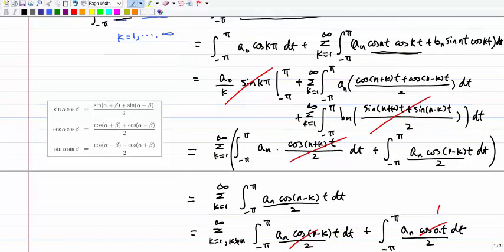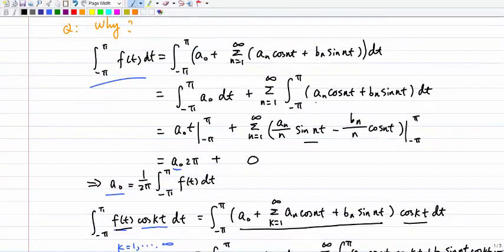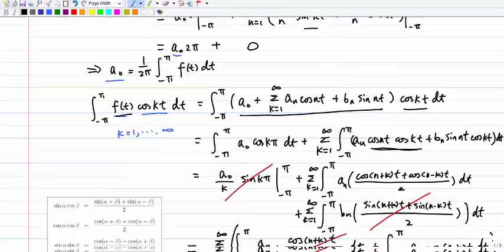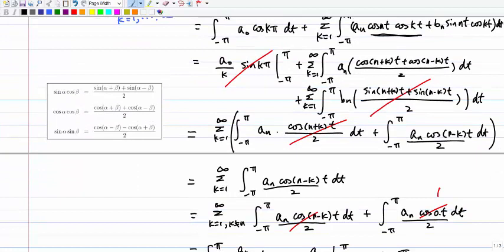Okay, so if we continue doing this one, because cosine (n plus k)t is also 0, this is always 0, so it doesn't matter. This n plus k is always positive, of course, so this will be 0 again. So we are only left with this summation from k equals 1 to infinity, the integration from negative pi to pi of a_n times cosine (n minus k)t divided by 2 dt.